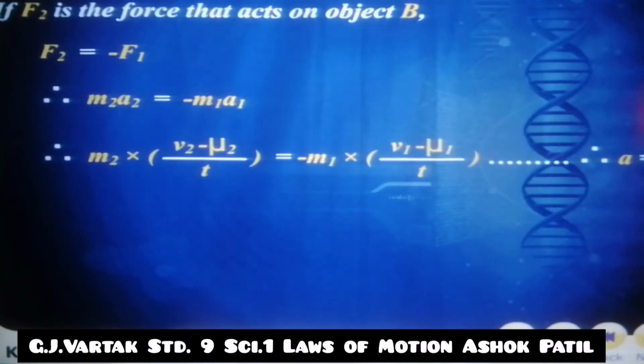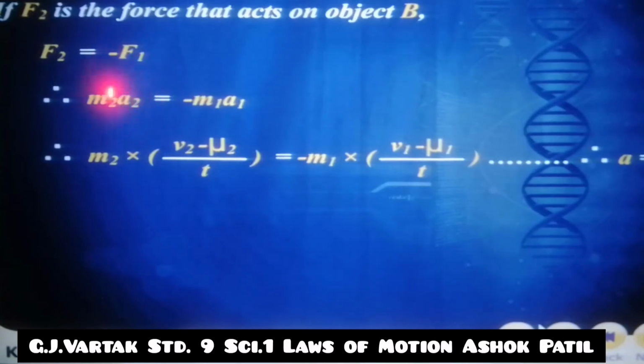and substitute the value of a here. The value of a is equal to v minus u upon t. That's why a2 is equal to (v2 minus u2) upon t, then a1 is equal to (v1 minus u1) upon t.